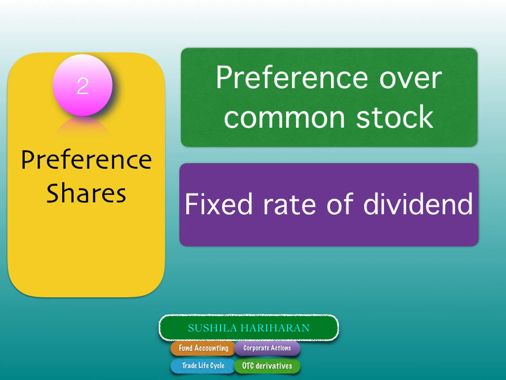In the case of preferred shares, if the company makes a profit and has decided to declare equity dividends, it must pay the fixed rate of dividend. The rate of dividend is announced beforehand at the time of issuance. Whether it's an IPO issuance or a private equity issuance, the fixed rate of dividend is already announced at that point of time itself.